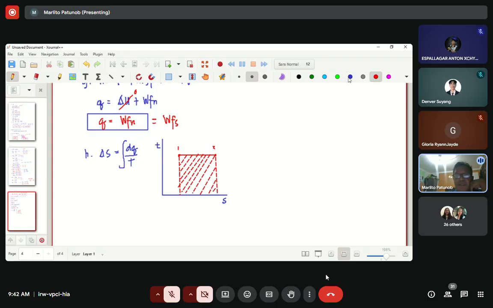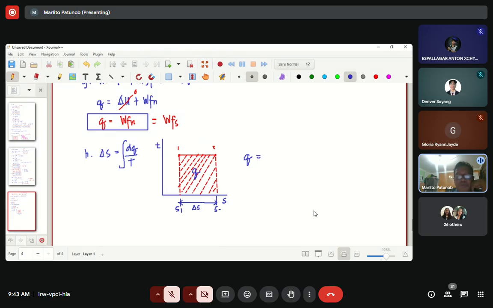Okay, you know already that this one is Q. So that is a rectangle, no? So if you get Q, it is this one. That is delta S.